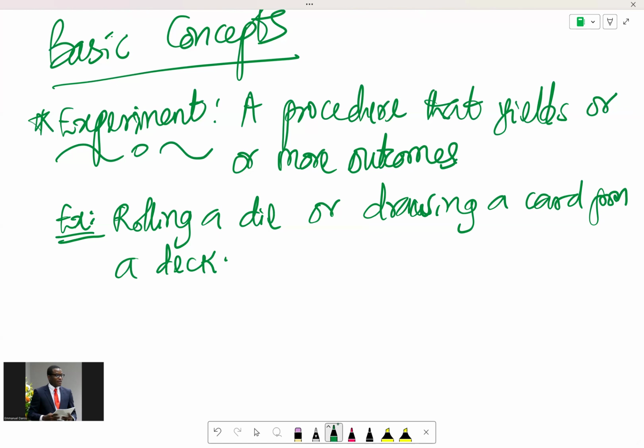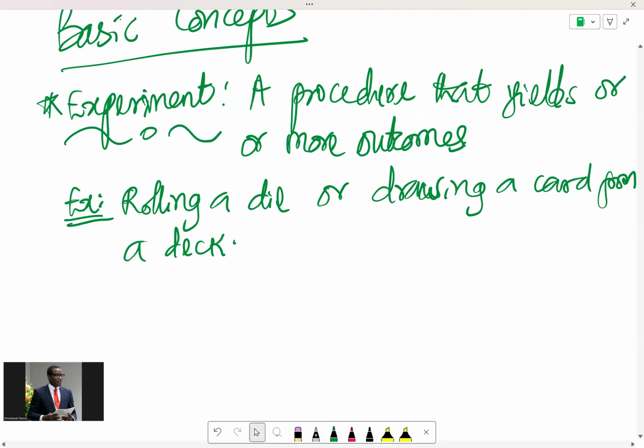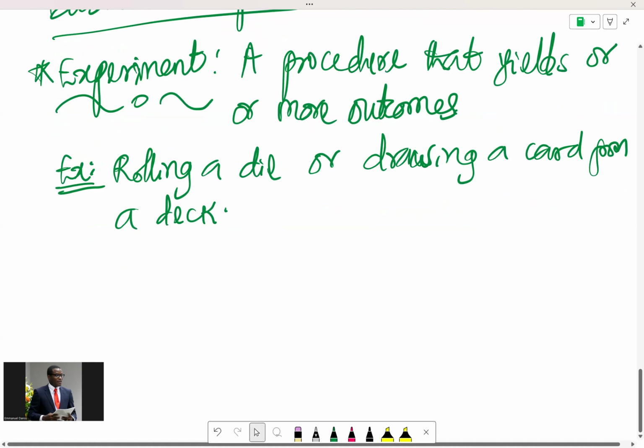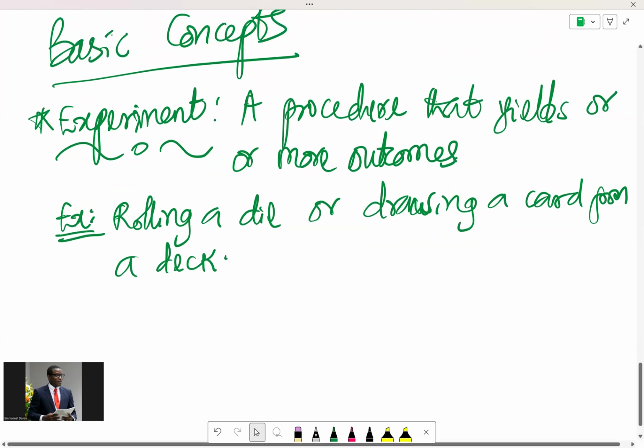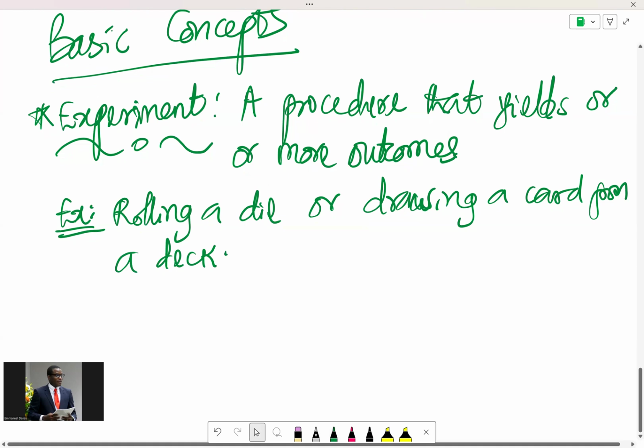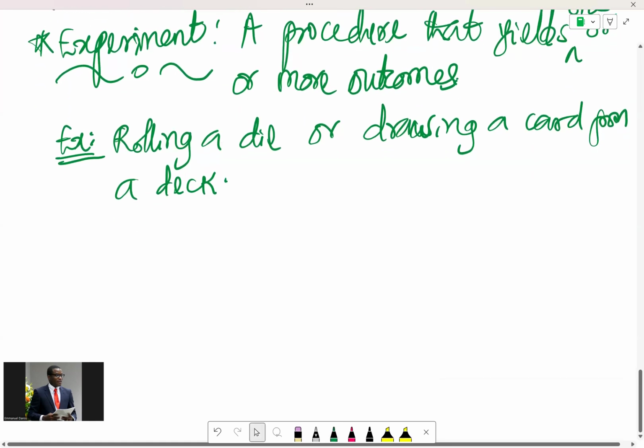Of course, we also get to talk about ideas like fair die and unfair die. If you draw a card from a deck, you can get a spade, you can get a queen, and things like that. Any procedure that yields one or more outcomes is called an experiment.